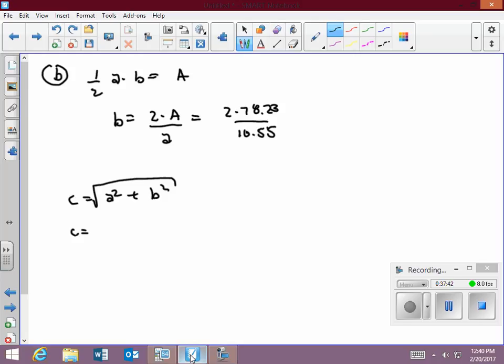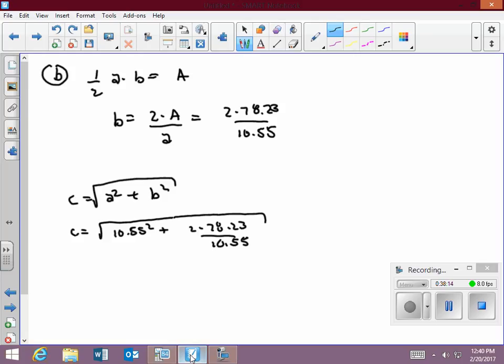And A is 10.55 squared plus that deal up there, 2 times 7.823 over 10.55. And that should give us C.